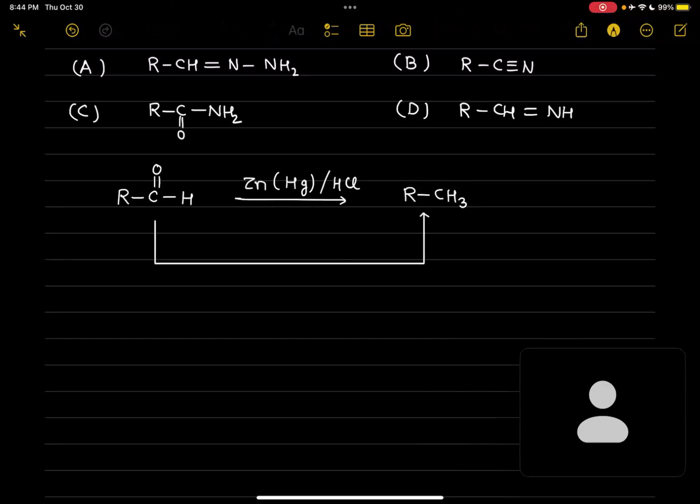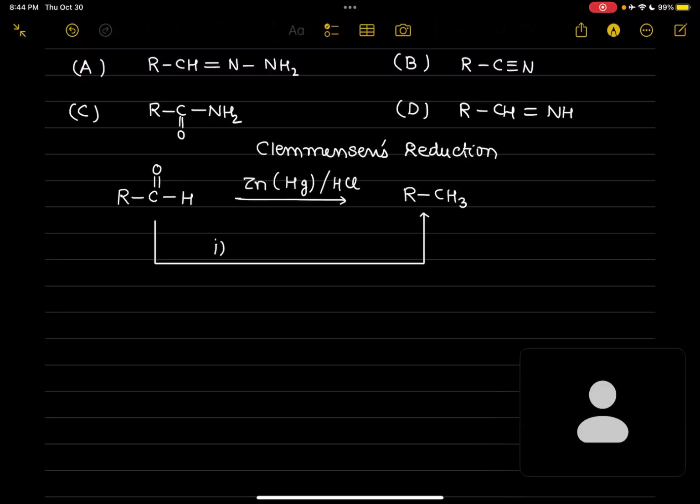is Wolff-Kishner. In Wolff-Kishner reduction, we use basic medium.